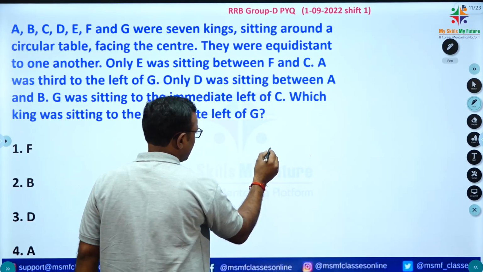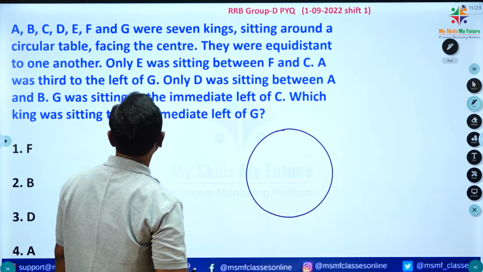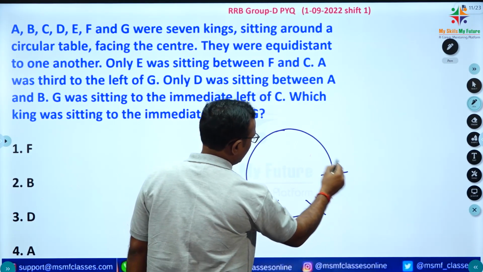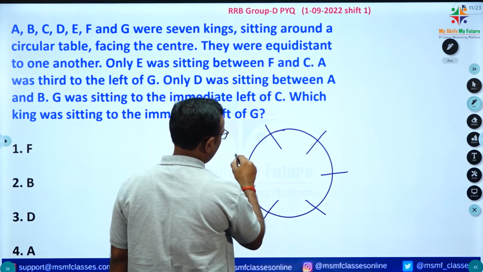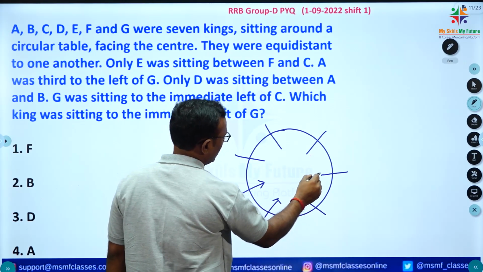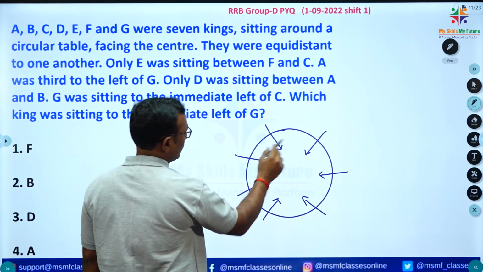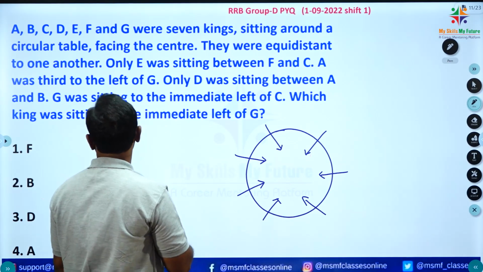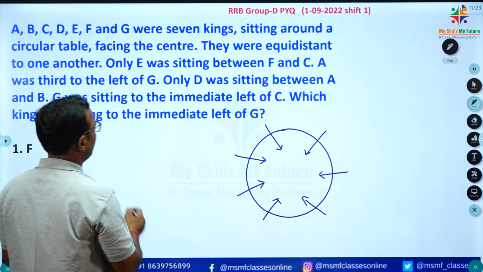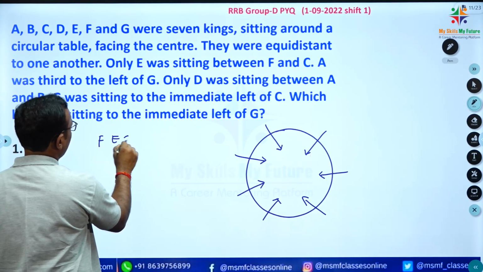So 7 kings facing towards center, all are facing towards center. 1, 2, 3, 4, 5, 6, 7. Only E was sitting between F and C.